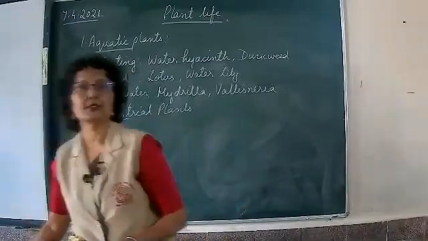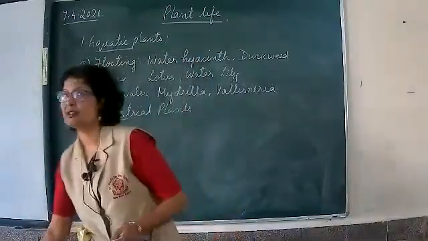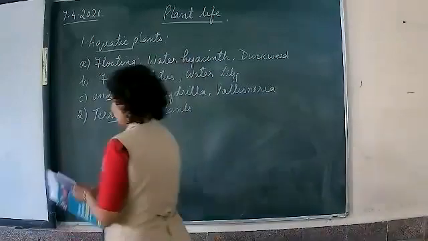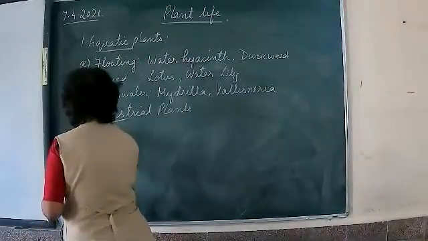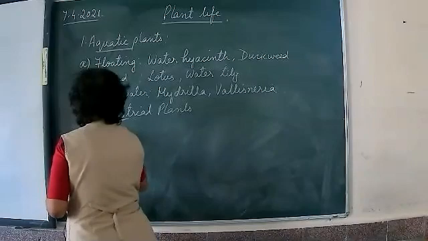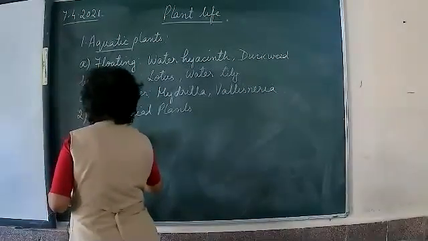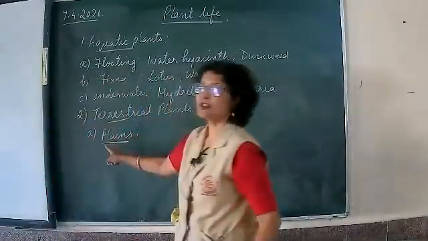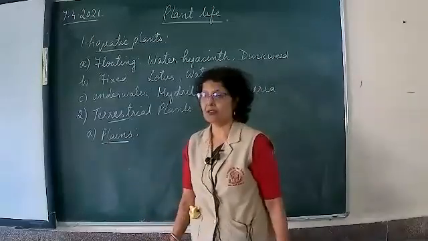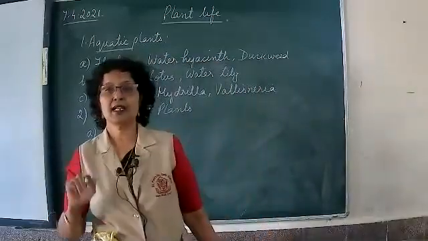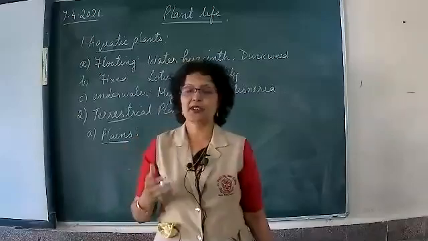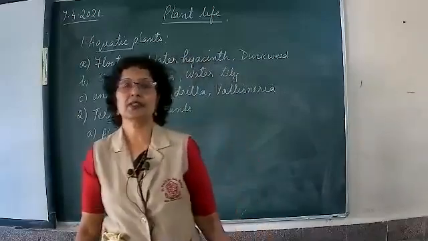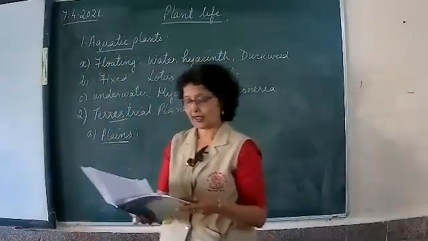There are different conditions in which they grow. First is plants which grow in plains. Plants which grow on mountains. Plants which grow in deserts. So these are the different conditions in which the plants grow. So we'll be doing it in that.